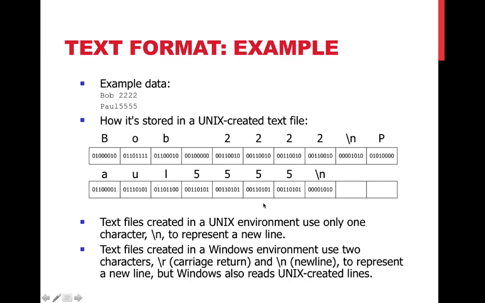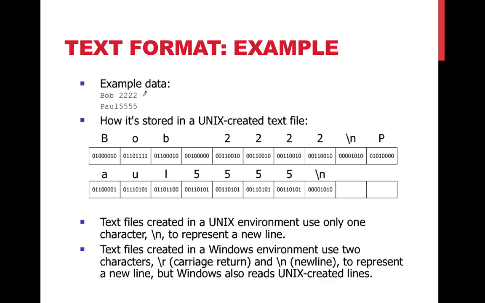Here is an example of text format data. Suppose you store Bob 2222, then Paul 5555 in text format. Suppose this is a Unix environment where the ASCII character set is used. Then uppercase B's ASCII value in 8-bit data, and lowercase o, and lowercase b, and then one space character, and then each digit 2.